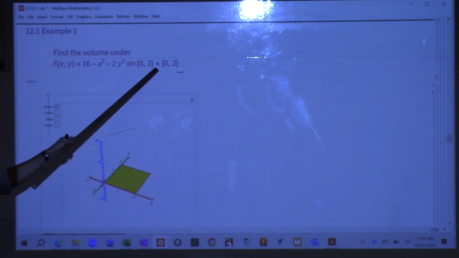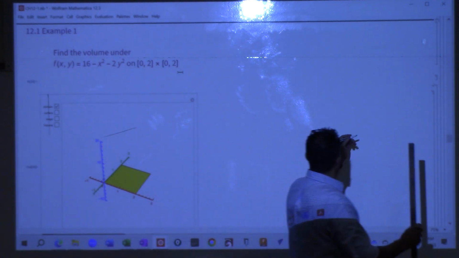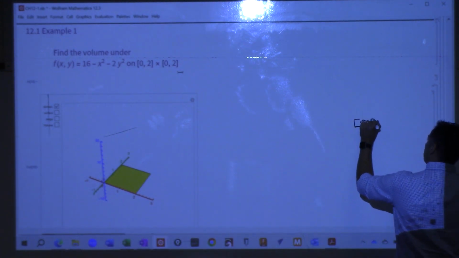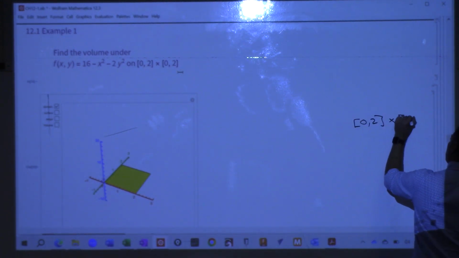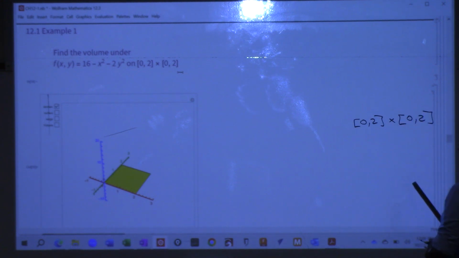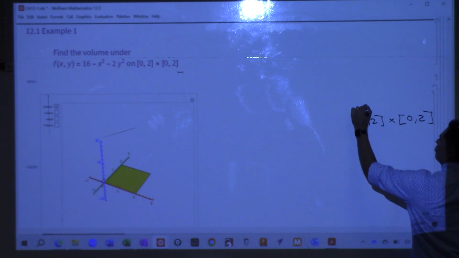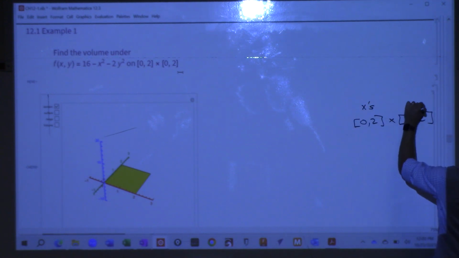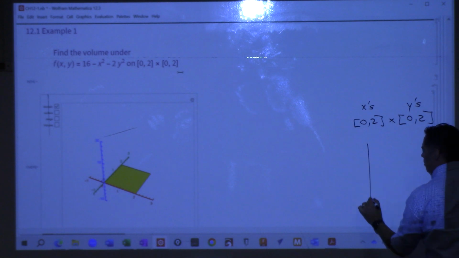Let me clarify what that notation means. When you see 0,2 cross 0,2, that is not a cross product, because these aren't vectors. This is your restriction on your x's, and this is your restriction on your y's. Think about it in two-dimensional space.